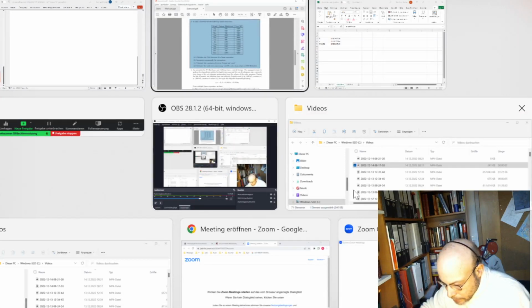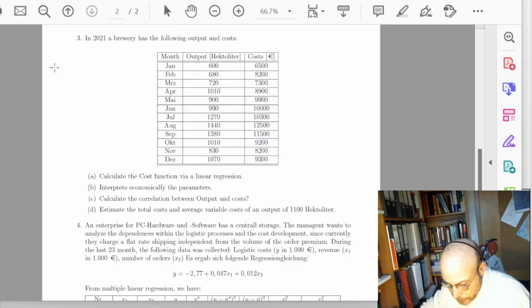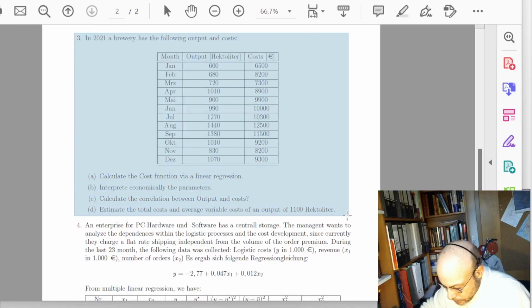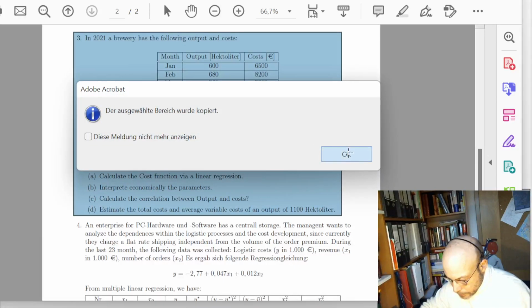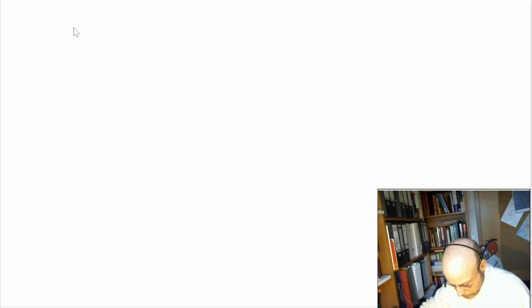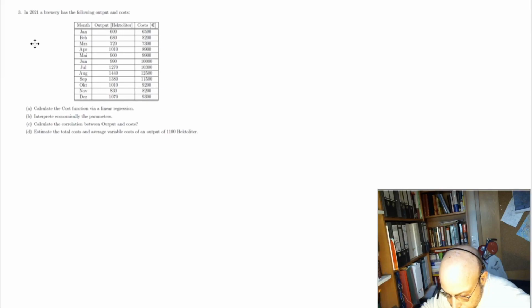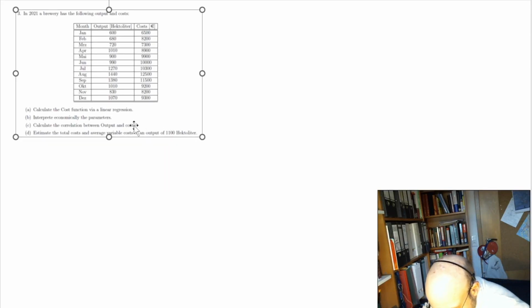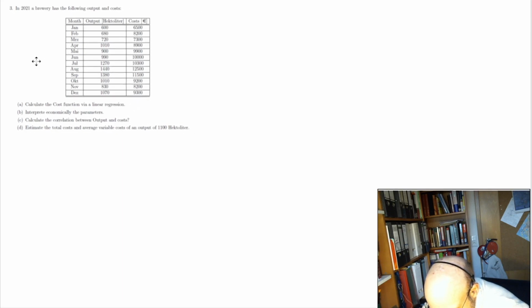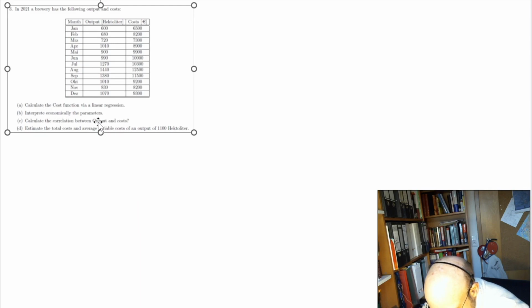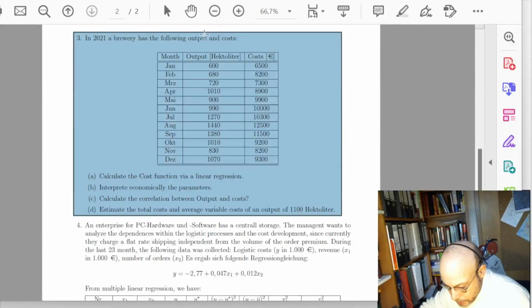And this one. So we should also calculate the linear regression and interpret the parameters and the correlation, and we should also estimate.